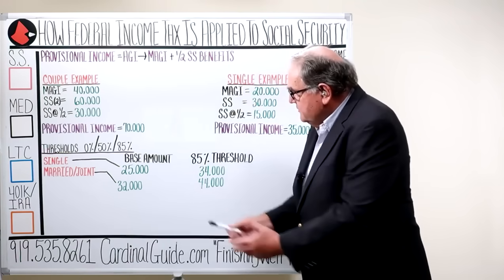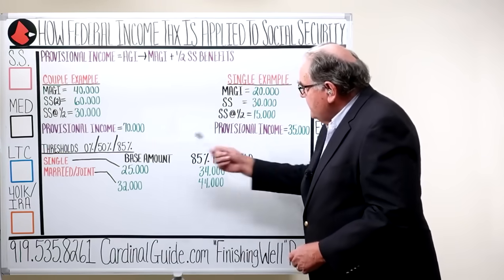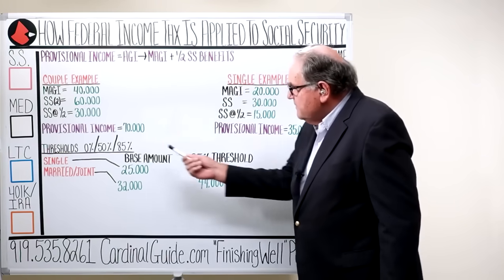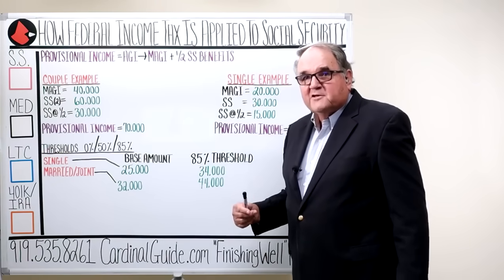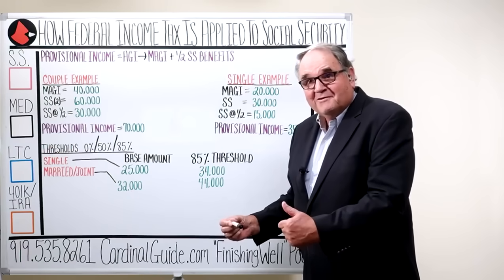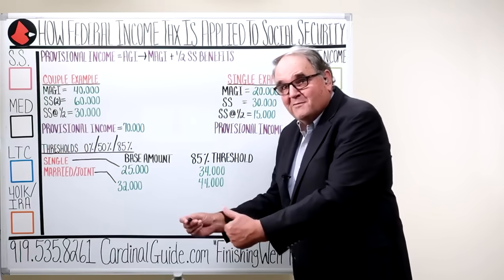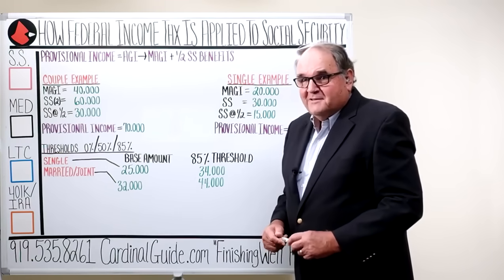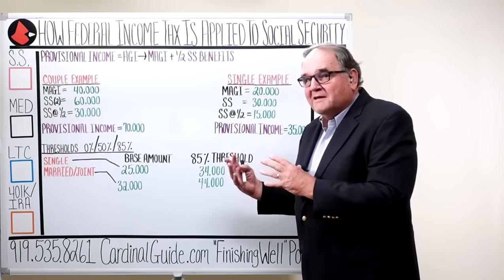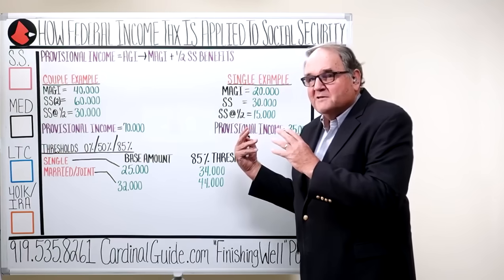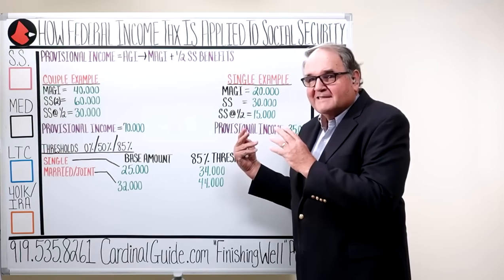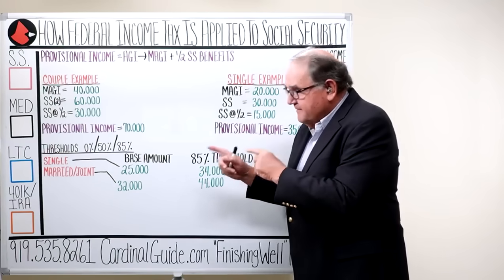And if you looked at this chart, both of these people would assume that 85% of their Social Security is taxable. Even if they had a little more income, even if they had double this income, they're still not going to get anywhere near the taxes that you thought they were.